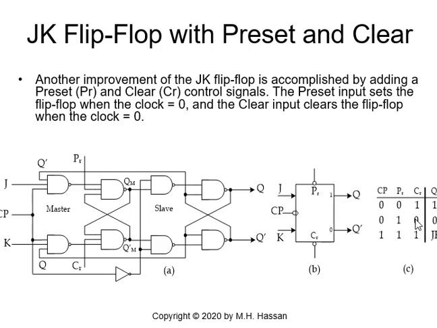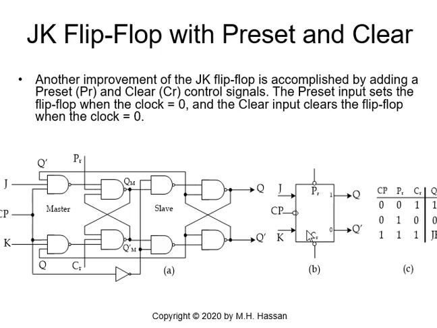So the preset, when it is 0, will set the flip-flop, and when the clear is 0, will reset the flip-flop, and I will never allow them both to be 0, 0, because this will give me an invalid input. So I must avoid 0, 0. When I don't use the preset and the clear, either I set them to 1, 1, which is plus 5 volts for TTL logic, or I keep them open circuited. I just leave them unconnected.